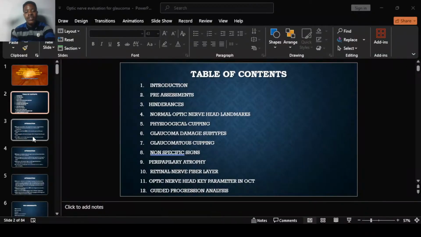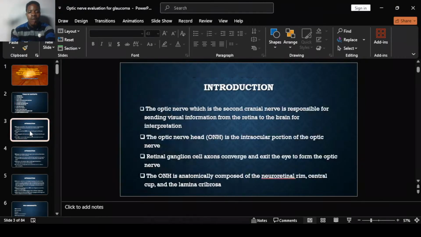So let us look at the introduction. The optic nerve head, which is the second cranial nerve, is responsible for sending visual information from the retina to the brain for interpretation. You understand? We have 12 cranial nerves, and the optic nerve head is the nerve responsible for vision.